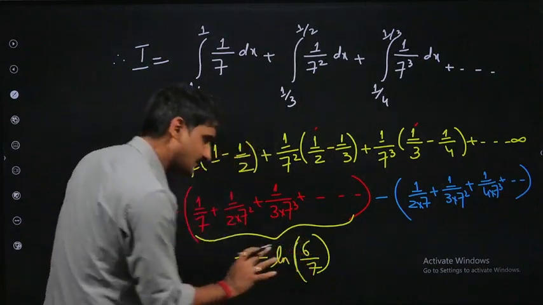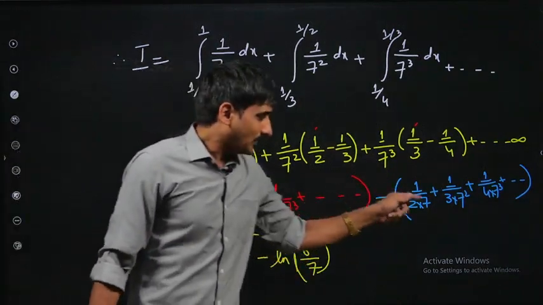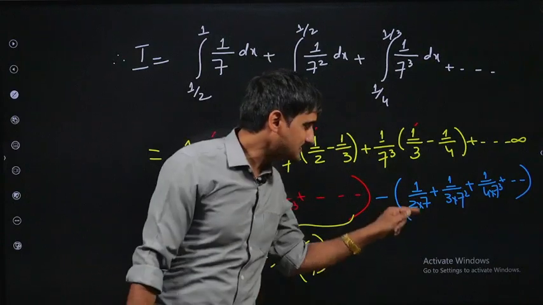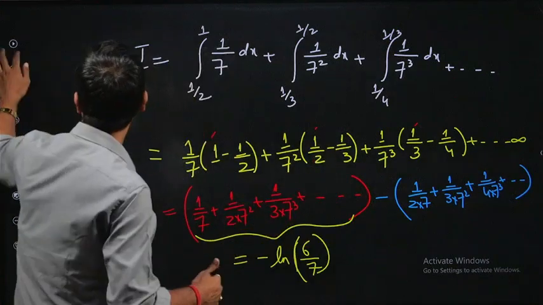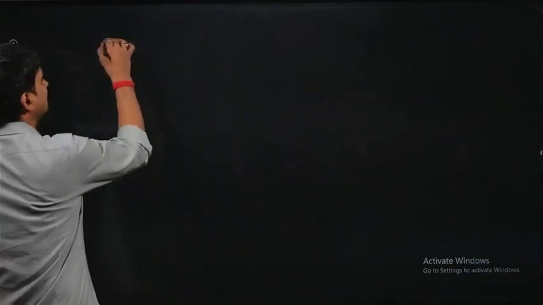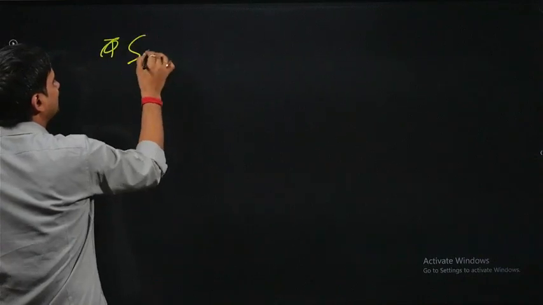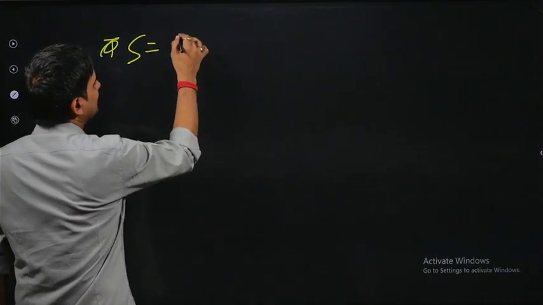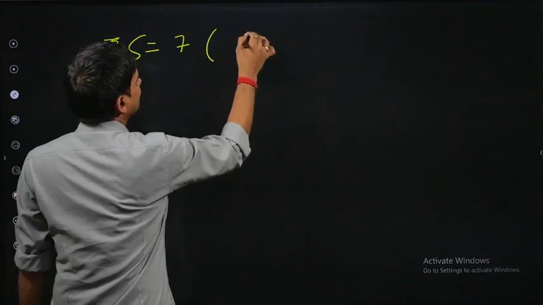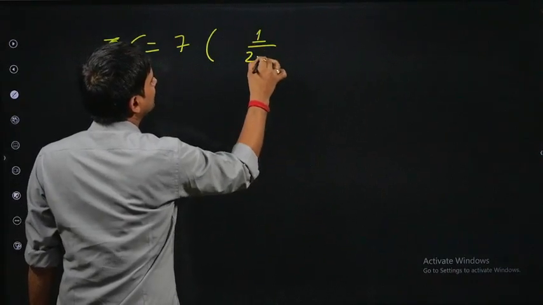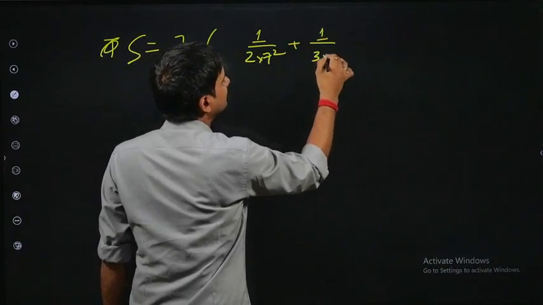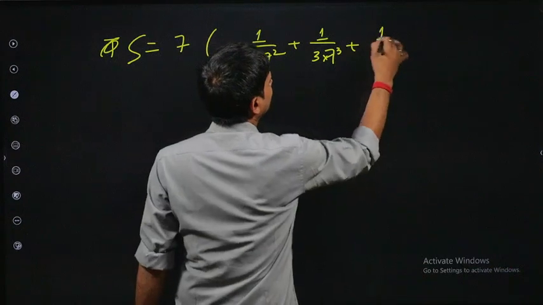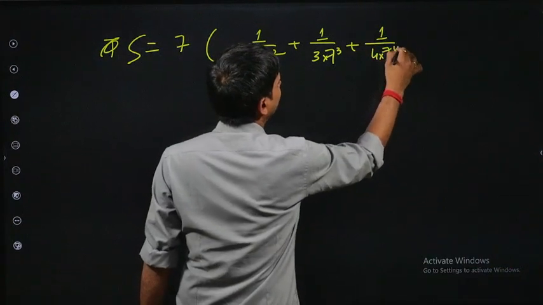That's that. Now the problem is here once again. It's 2, but the power is 1 less. So what you can do is multiply and divide by 7. I will write that series separately, so multiply and divide by 7. You get it as 1 by 2 into 7 square plus 1 by 3 into 7 cube, 1 by 4 into 7 raised to power 4 and so on.